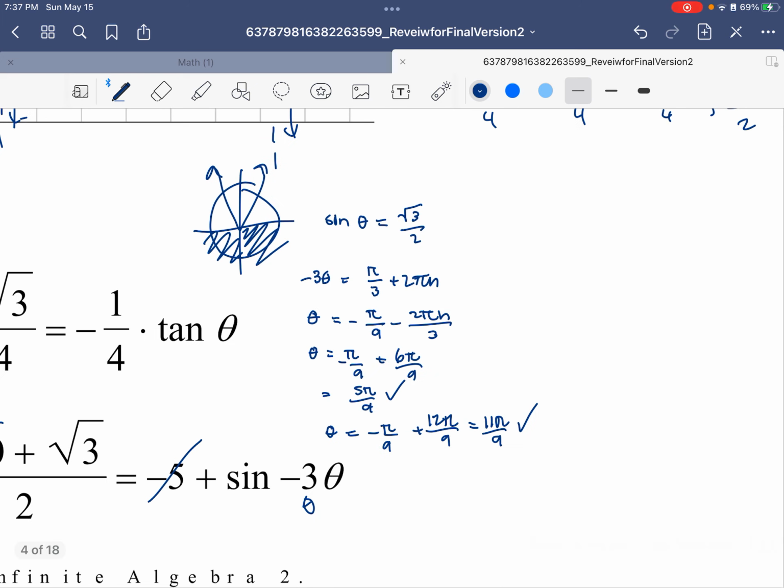So let's use the other point, which is 2 pi over 3. This one here. Oh my god, stop skipping.